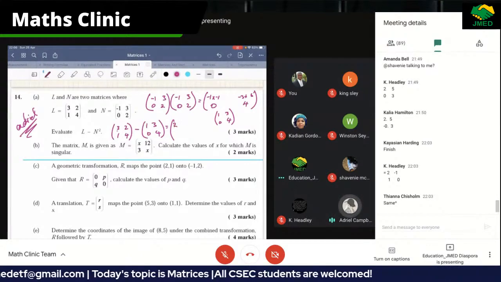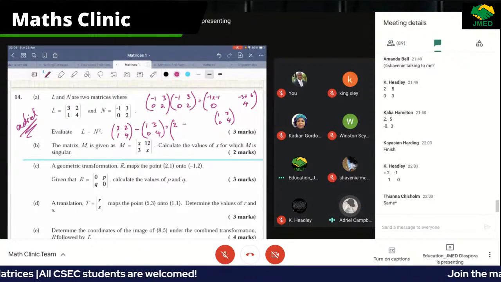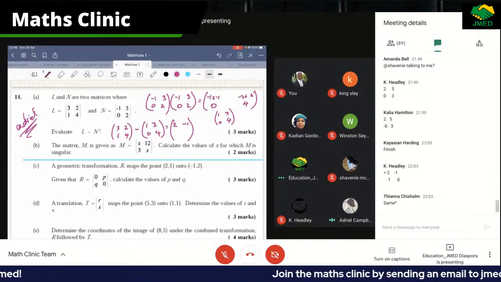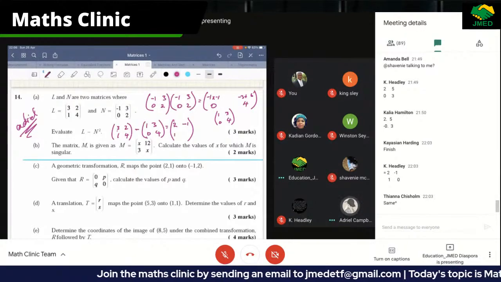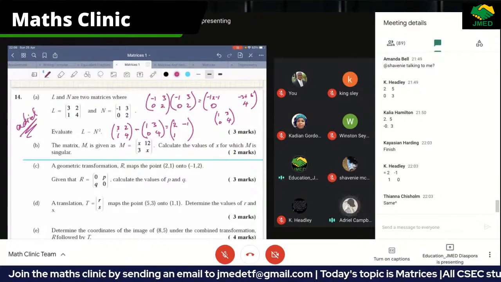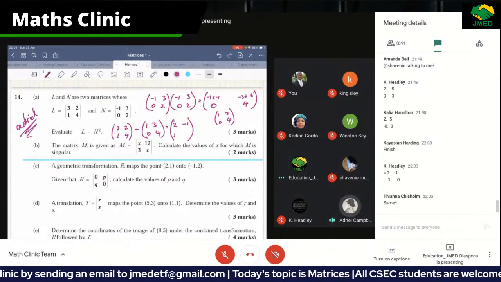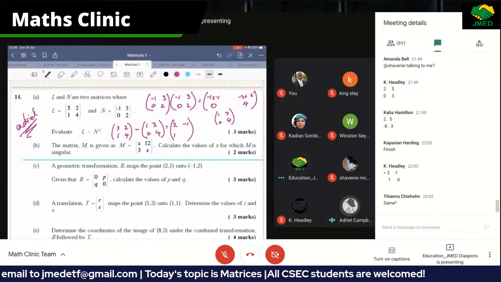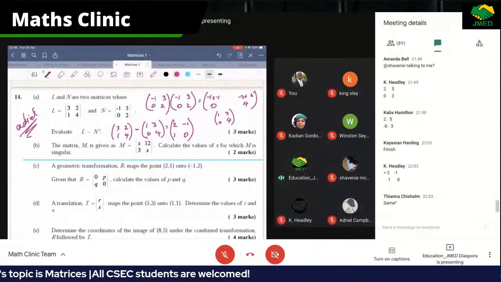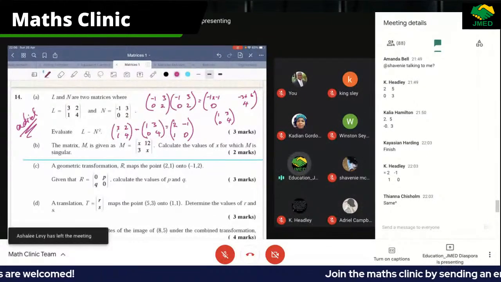And on the other side, you have 2 minus 3, which would be negative 1. And then underneath that, you'll have 1 minus 0, which would be 1. And you'll have 4 minus 4, which would be 0. Okay. And that's our response there. So that's part A.